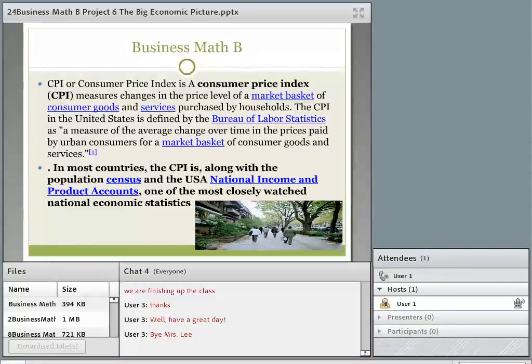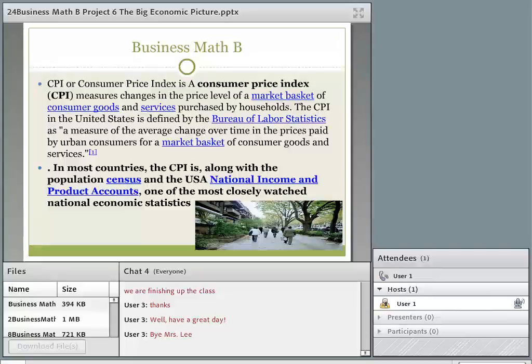The Consumer Price Index, it's a little bit different. It measures the changes in a price level of what's considered a market basket of consumer goods and services purchased by households. So in the United States, the Bureau of Labor Statistics pretty much states that it's the measure of the average change over time in prices paid by urban consumers for a market basket of consumer goods and services.